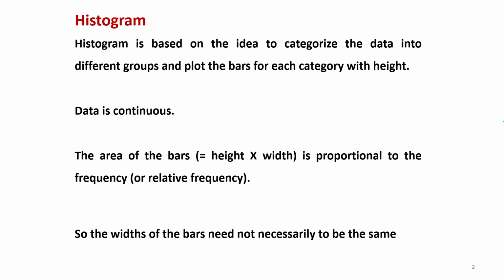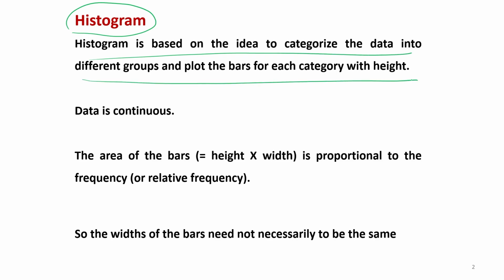So the first question comes here: what is a histogram and why is it constructed? A histogram is based on the idea to categorize the data into different groups and plot the bars for each category with height. You can recall that when we understood the concept of frequency distribution, we had discussed two types, one for the categorical variable and another for the continuous variable.